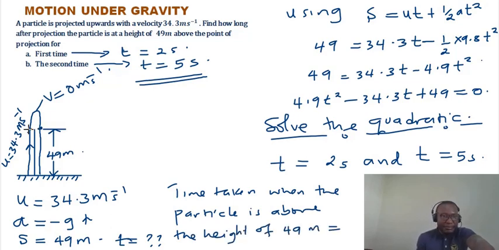So this is 49 meters, and above, we are looking at this part here. The time taken in this projection is going to be 5 minus 2, and this gives us 3 seconds. So that's the time taken when the particle is above the height of 49 meters.